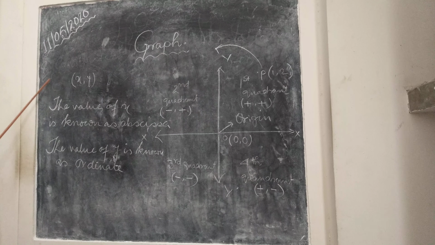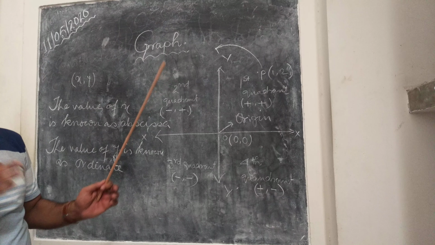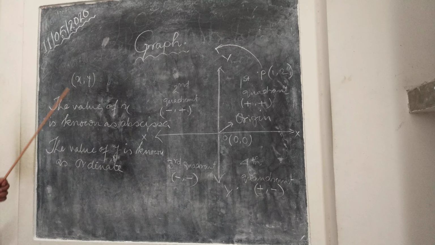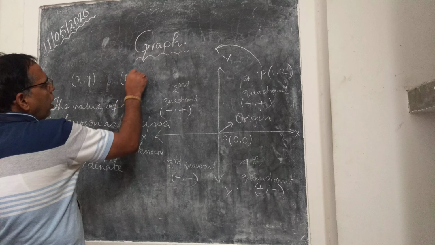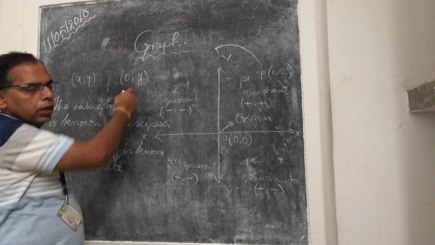Then (x, y) is the coordinate of a point, known as an ordered pair. Ordered because we have to write x then y, not y then x. Please keep that in mind. Pair means two at a time. Suppose I write (0, y), then x is 0 and the value of y is y.